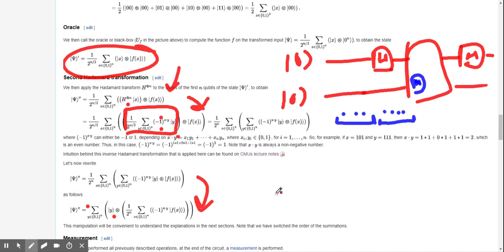But that indicates there's definitely an effect. Does this happen after applying the Hadamard? If this doesn't go back to x, it essentially means that something has happened. So there's an interaction between those two qubits in the box, which is kind of obvious because you've got to establish the relationship between the inputs and the outputs when you build a function.